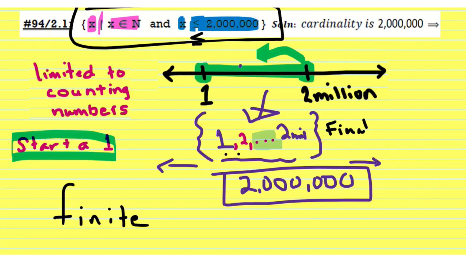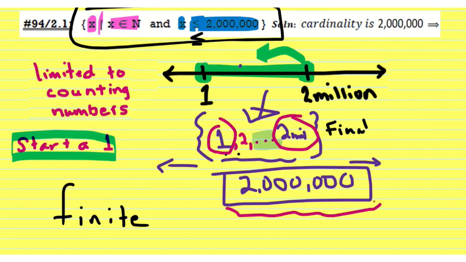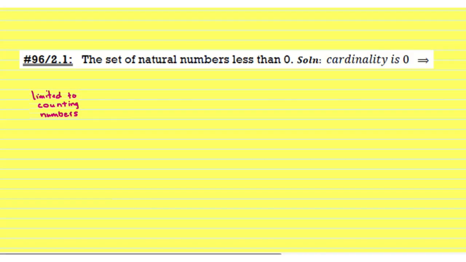We definitely have a starting number. We have a final number. So we have a limited number of elements in this set. And when we have a limited number, a final number, that clearly indicates a finite set.